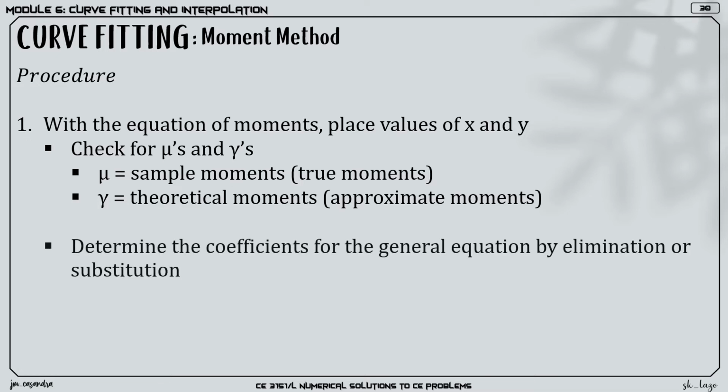From here, we determine the coefficients A and B for the general equation of a line or a curve by either elimination or substitution. Once we are able to identify the coefficients of our equation, we may now proceed with the best fit line method.